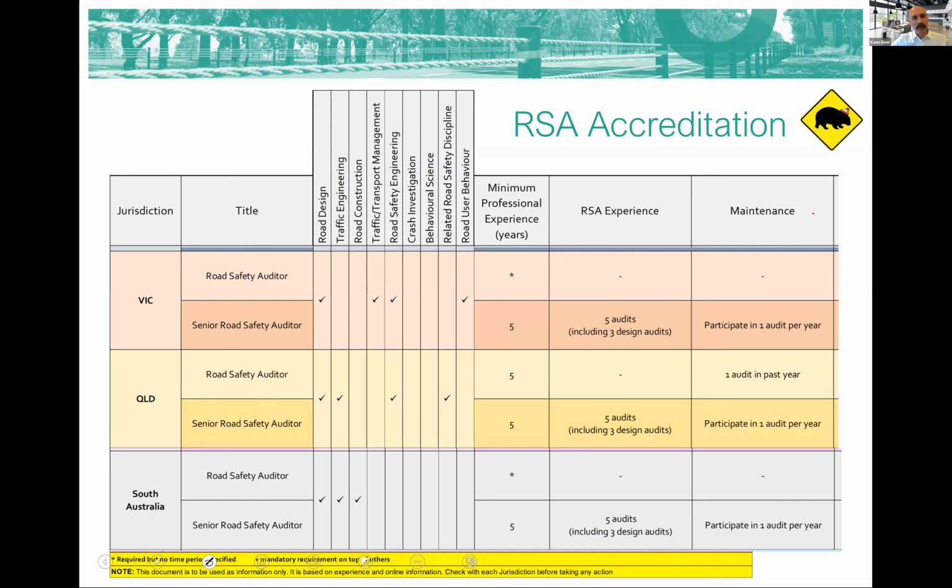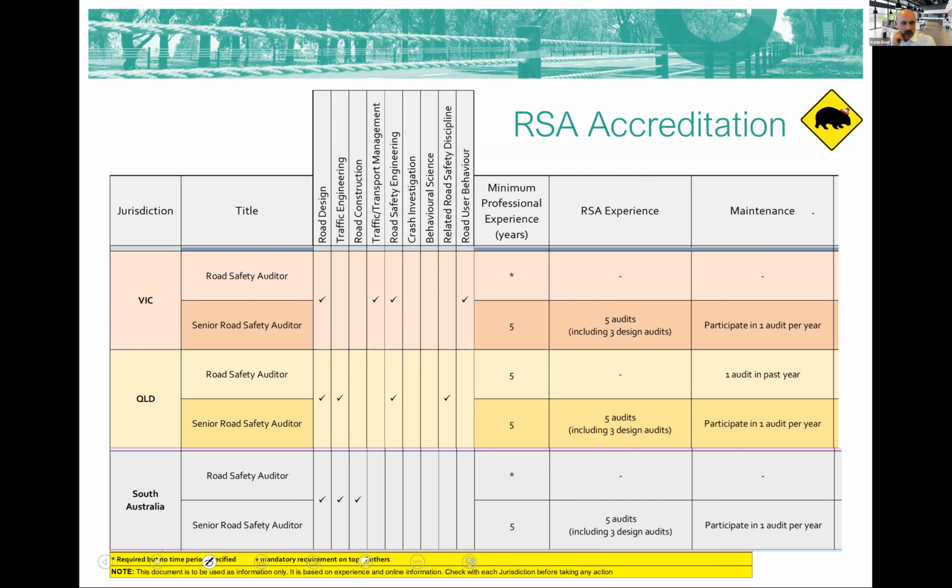Northern Territory says we'll use anybody's, just be on any register will do for us. Western Australia has their own. New Zealand doesn't have a register and says we'll just check auditors, people who come and say they can do an audit, on a case-by-case basis, and usually what they want is a certificate from a course and a CV to show that you've got some experience in this.